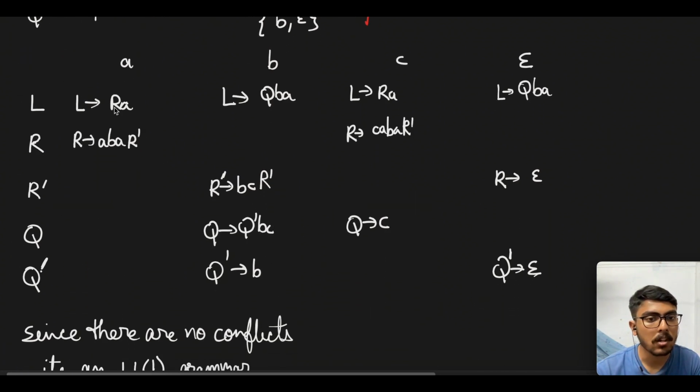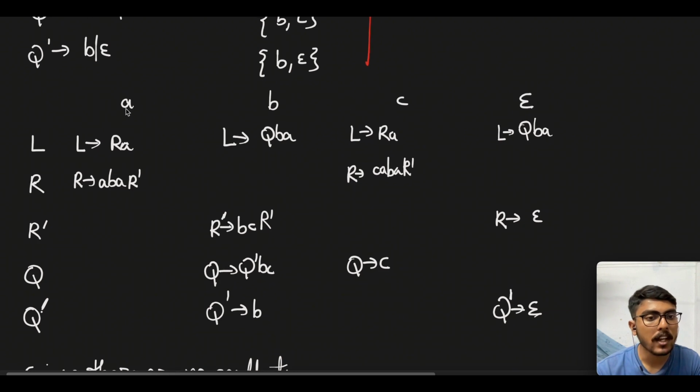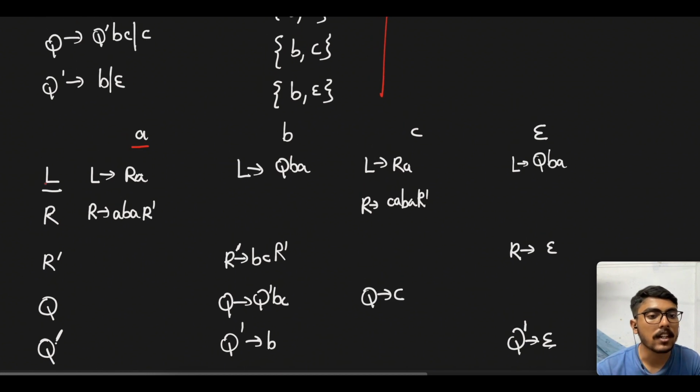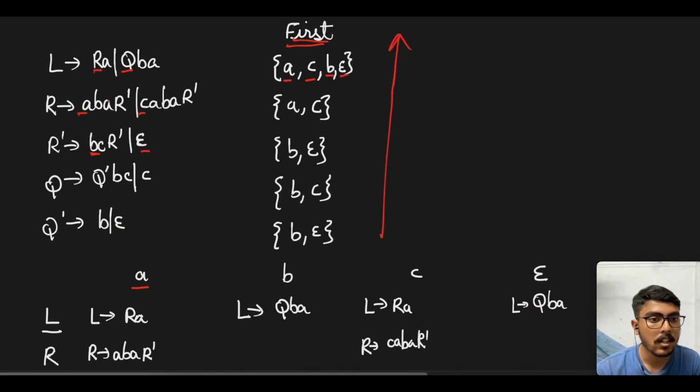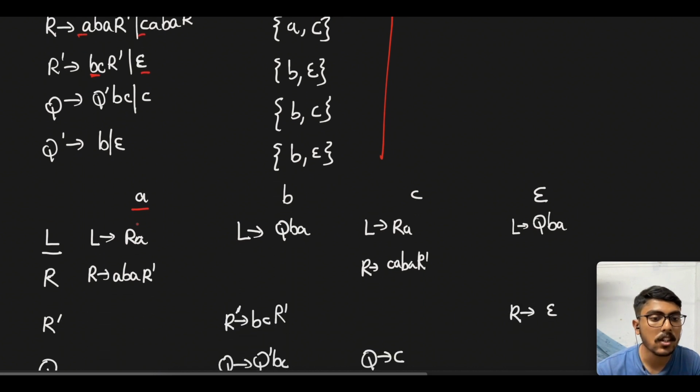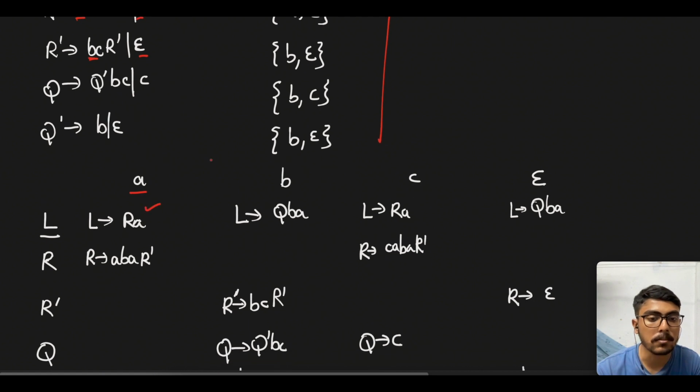Now let me show you how to create this table. So we will have L as the non-terminal and A as the terminal, and we will check when A comes as the first of L in which production. So if we see above, in the production RA, it comes as first, since R has the first A, so we will write this production.